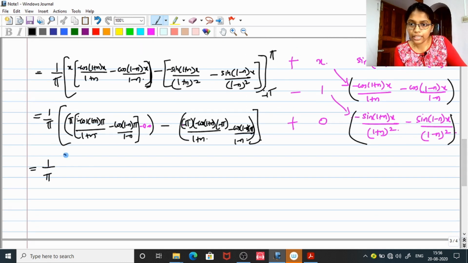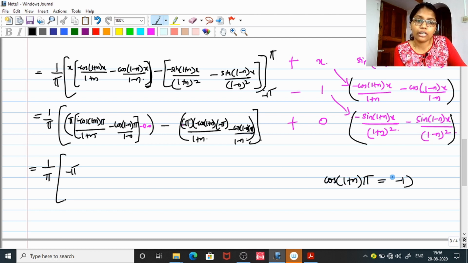1 by pi. Just check out pi, here negative is there, so negative pi into what is cos 1 plus n pi. Cos 1 plus n of pi is negative 1 raised to 1 plus n, because cos n pi is negative 1 raised to n. So cos 1 plus n pi is negative 1 raised to n plus 1.